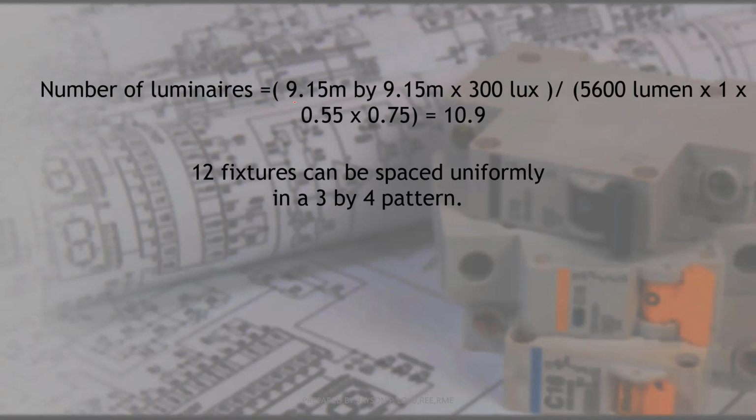You have 9.15 meters, 9.15 meters, then 300 lux. But it must be supposed to be 500. Okay? Then 5,600 lumens katong specifications times 1.